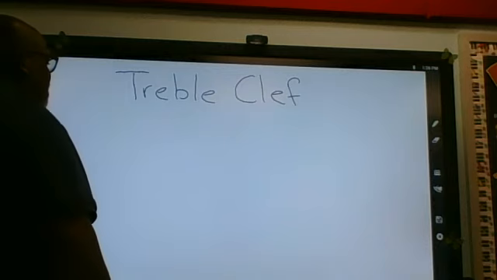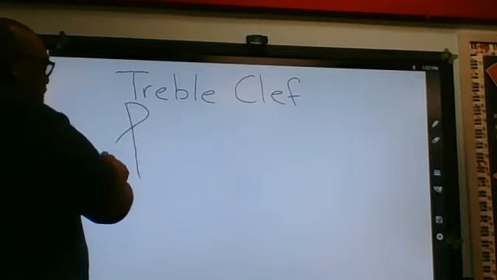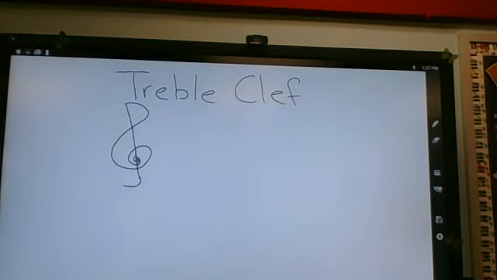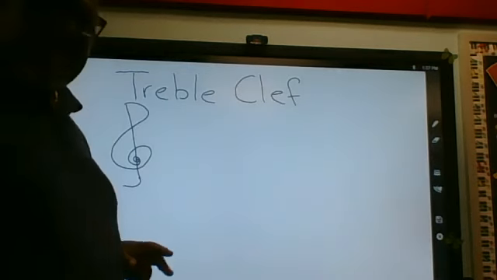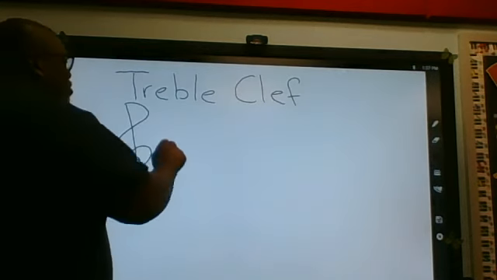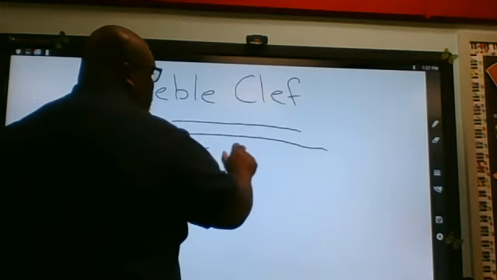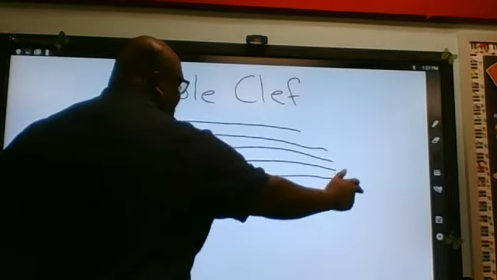Treble clef looks like this. Bam. Boop. Treble clef. But now the best way to draw a treble clef, boys and girls, is on the staff. You want to draw your staff first. 3, 4, 5.